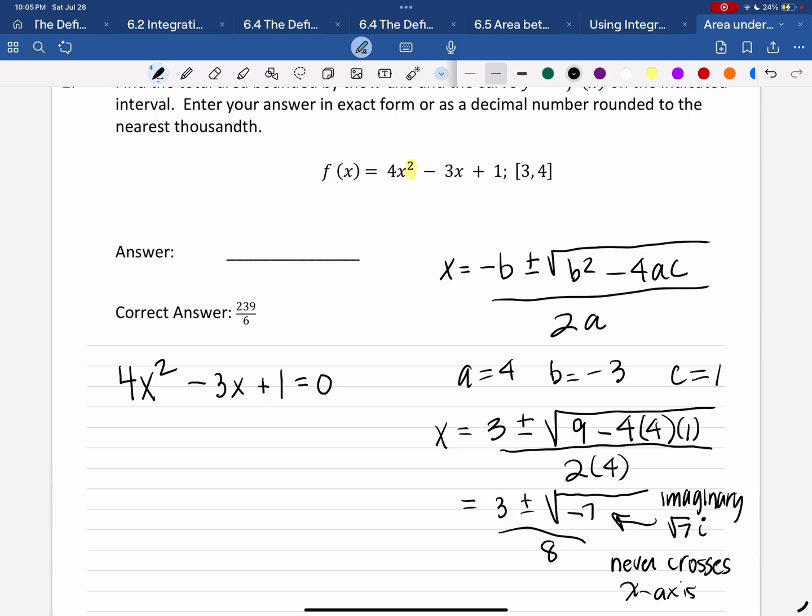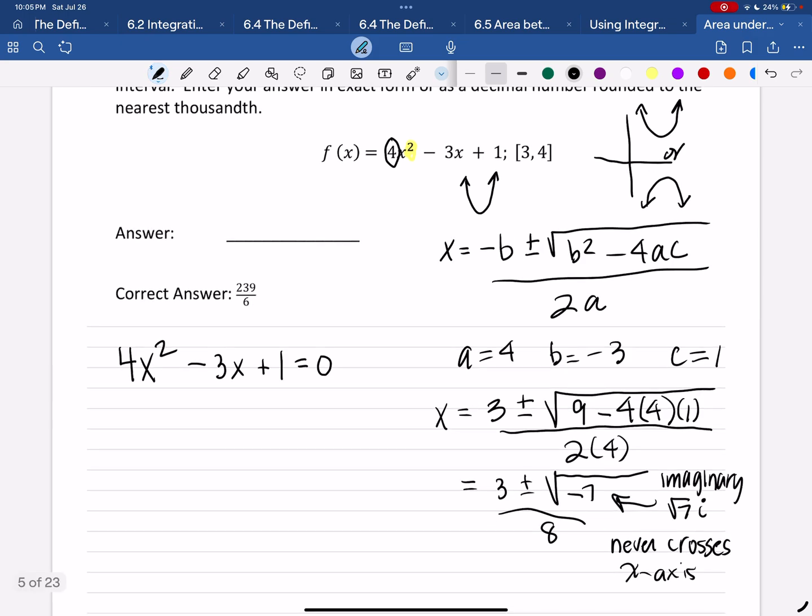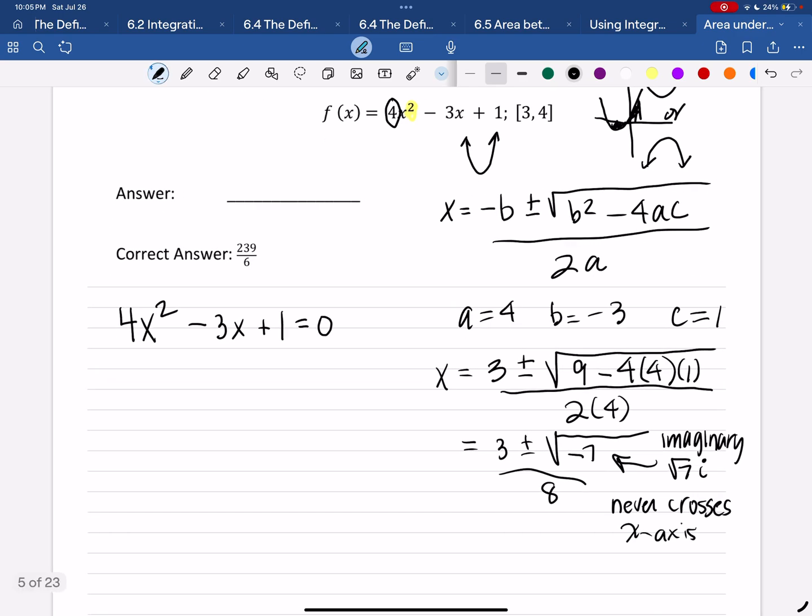And that means that it is either always up here or always down here. And since this one has a positive coefficient, it's always going up. So it's not going to cross this x-axis, so we don't have to have part of it above and part of it below. So we're just going to do the integral.